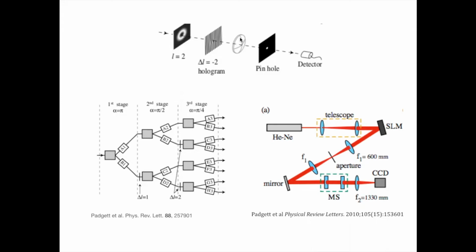Then you map this plane onto a focal point, and you make a pinhole in the focal point of this lens, and then all the light that comes through is basically the image of a plane wave here. So if you unwind this corkscrew into a plane wave, or even if you just produce a certain component out of this, then you can measure the intensity of that, and that would correspond to this eigenvalue. In this case, the eigenvalue L equal to 2, because the hologram only unwinds the orbital angular momentum value L equal to 2, and not the others, and then you can measure the intensity of this component.